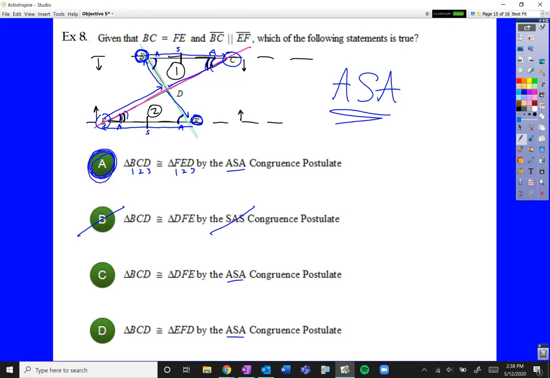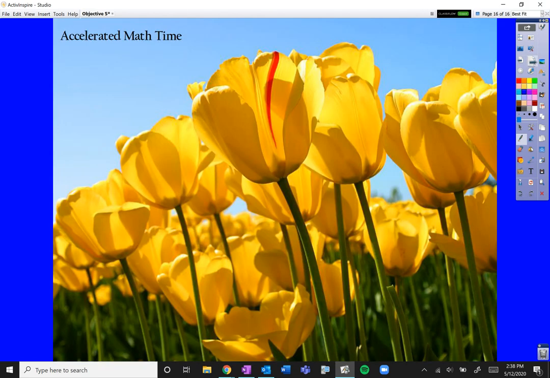Awesome. Okay, so this is really tough stuff. This is a really, really important topic in geometry, but it's really tough. So my suggestion is do your best to, if you can print out your notes, that's great. If you can print out your practice, that's even better, because you need to draw in all the information you're given.